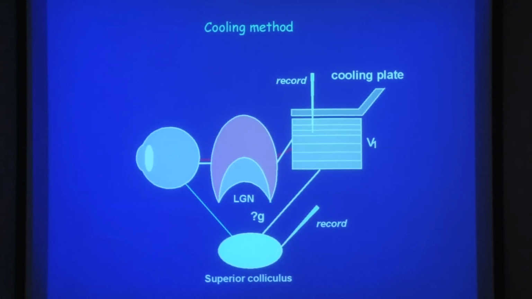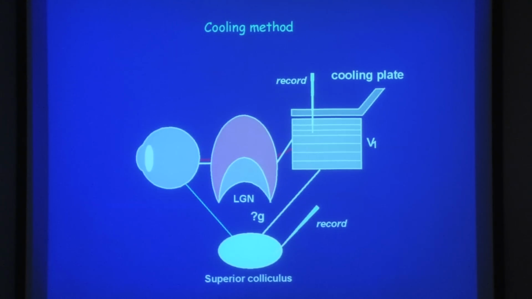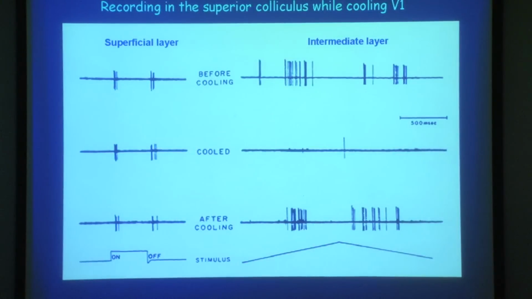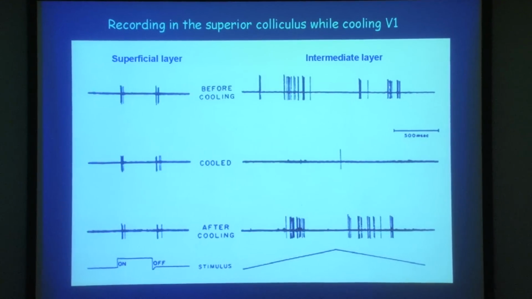We identified that cell in V1 by backdriving it, and then once you cool the visual cortex, you see what happens to that cell in the various layers of the superior colliculus. When you do that, you get a very dramatic and, luckily, clear-cut result. The result is the following.